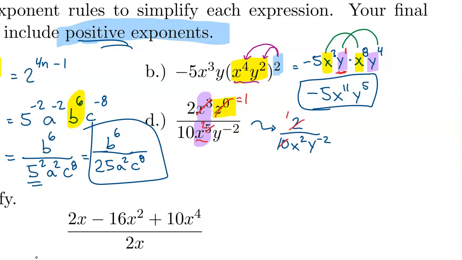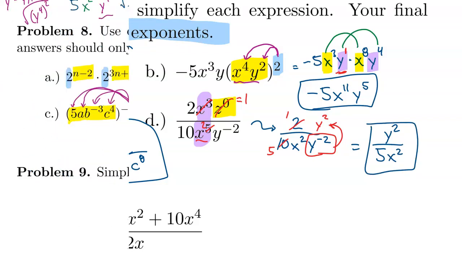This becomes 1 over 5. And y to the negative 2, a negative exponent in the denominator, can be rewritten as a positive exponent in the numerator. So my final answer for part D is y squared over 5 times x squared.